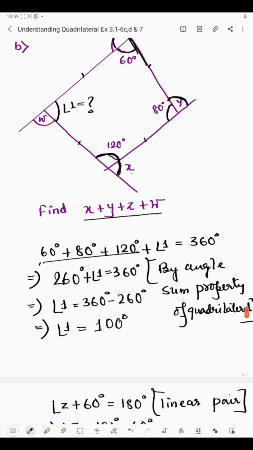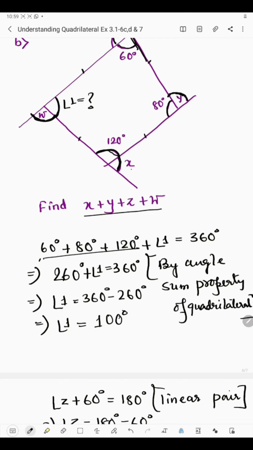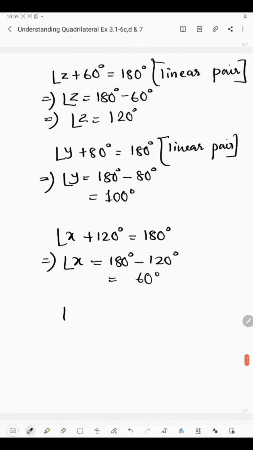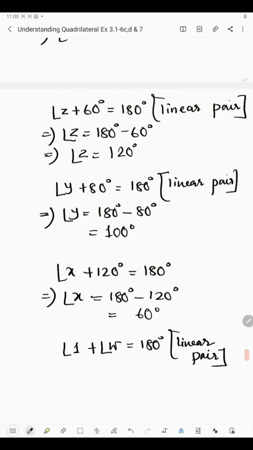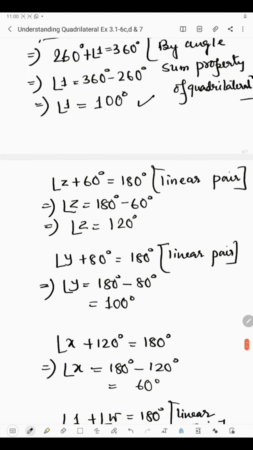Now we will have to find the value of angle w. Angle 1 and w form a straight line, so the sum of these two angles, angle 1 and w, makes 180 degree. So we'll write angle 1 plus w is 180 degree as these are linear pair. Now the value of angle 1 we have got, it's 100 degree.